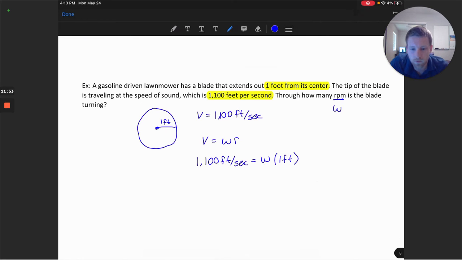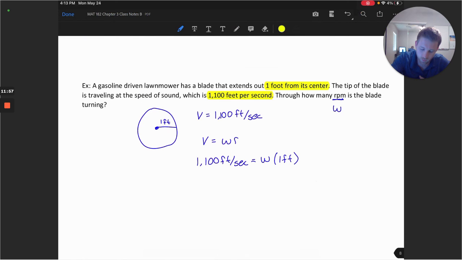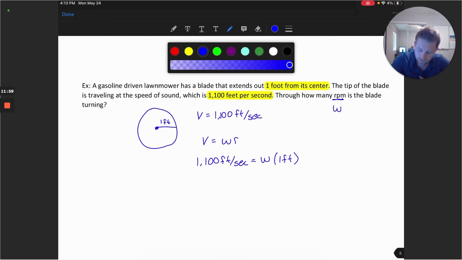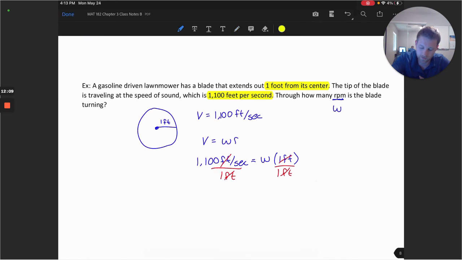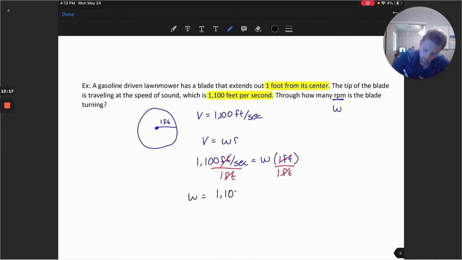When I solve for omega, if I divide both sides by 1 foot, the units cancel, and I'll be left with omega as 1,100 radians per second.